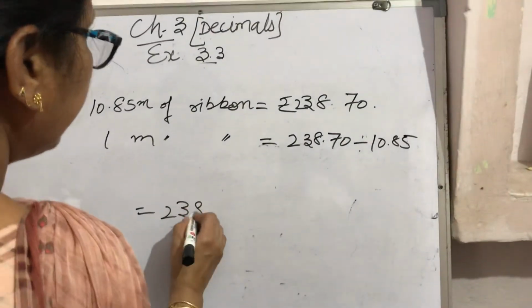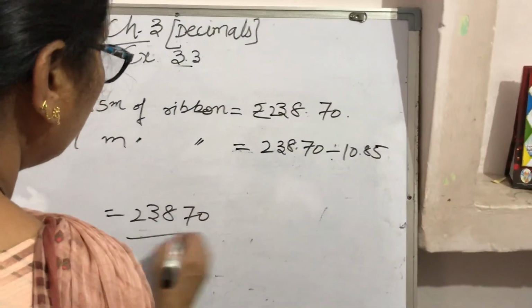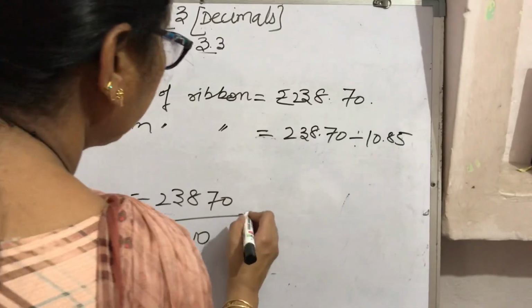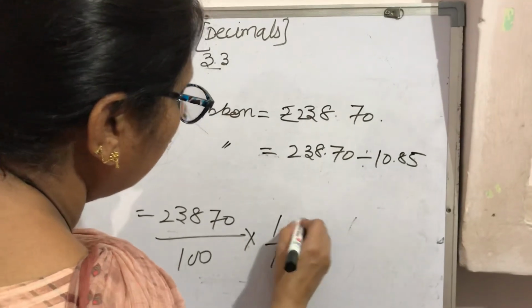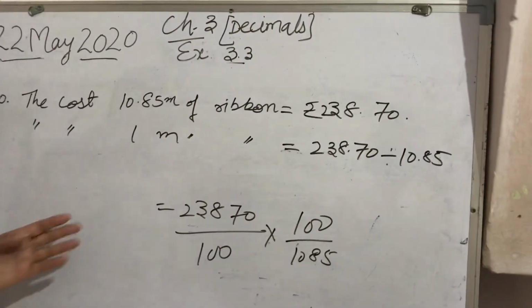Remove the decimals first: 100 for 238.70, and 100 for 10.85. You can do this simple calculation.